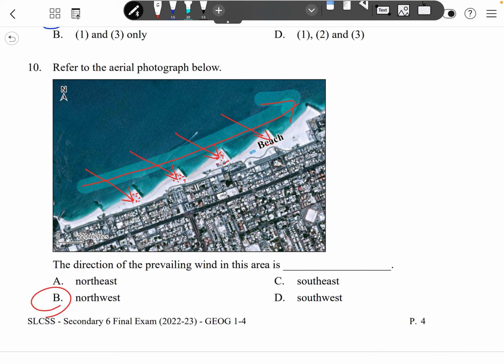So the answer should be B. Or another way, we can use elimination. We know the north is here. So C and D are not correct because the wind does not come from the south. So we eliminate C and D. And for A, it is northeast. Northeast comes from this direction. If it came from this direction, the sediment should accumulate here. So the answer should be B.